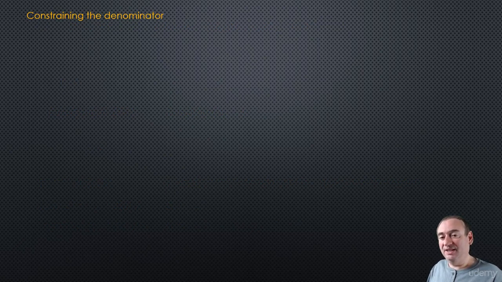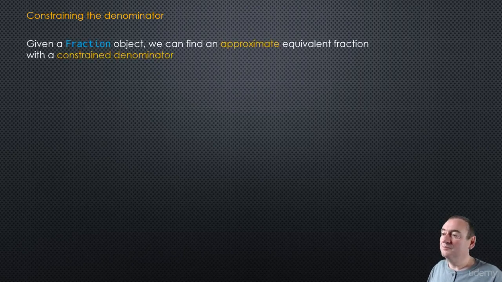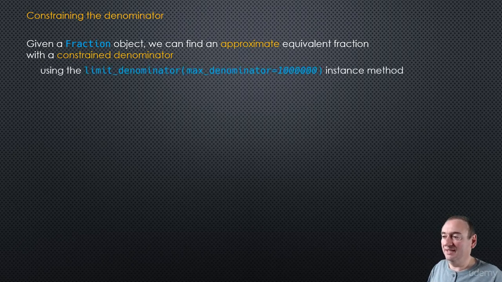Now we can do something that constrains the denominator when we're converting a float, let's say, to a fraction. Given a Fraction object, so we can create a Fraction object, remember, using either integers or floats, we can then find an approximate equivalent fraction where the denominator is constrained. So what do I mean by that?